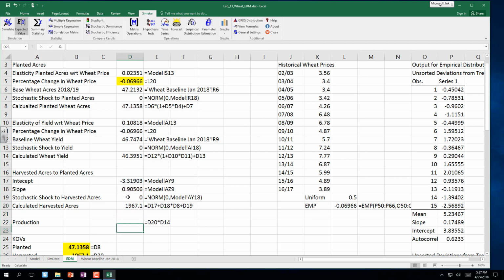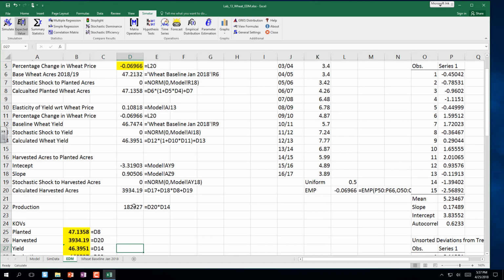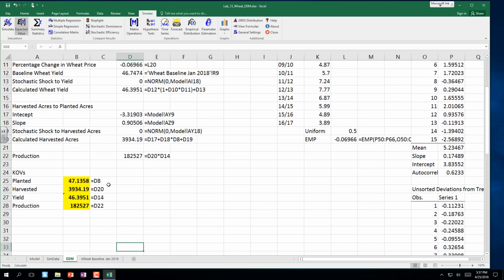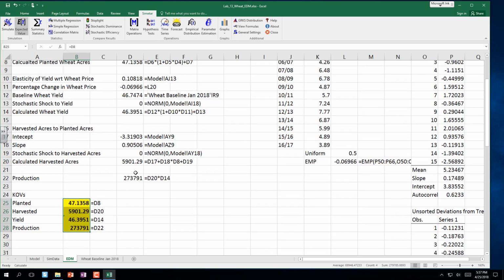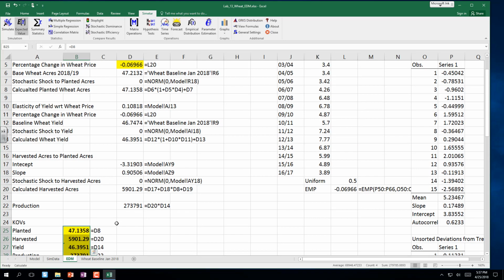And production is going to simply be the calculated or simulated yield times our harvested acres. And I brought all these down in KRV form here, so it's a good time to hit save. Okay. So that's a deterministic solution to this simple problem.